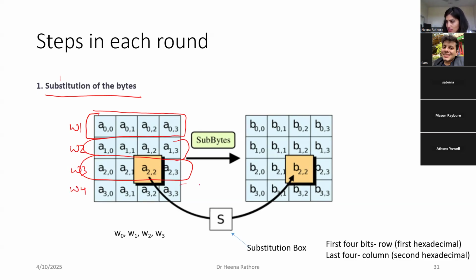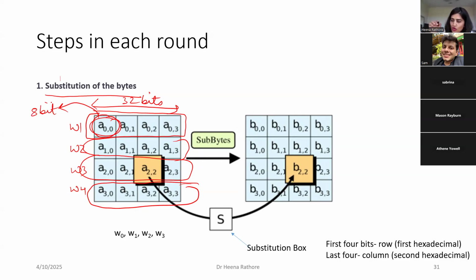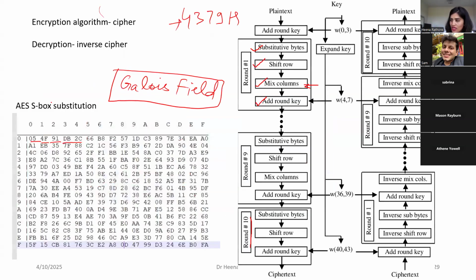You will look at these numbers, each of which is 32 bits, and each of these parts is 8 bits. For these 8 bits, you will go back to your S box, which you have created, and identify the position to substitute the value.